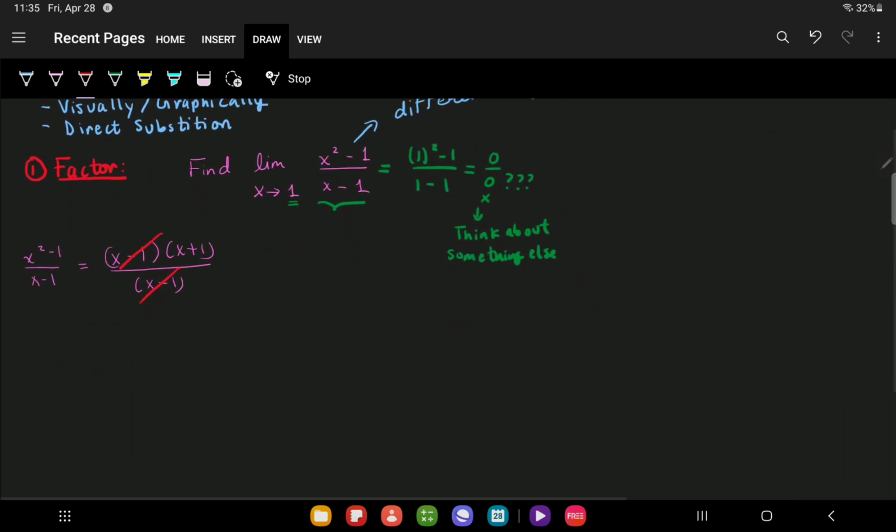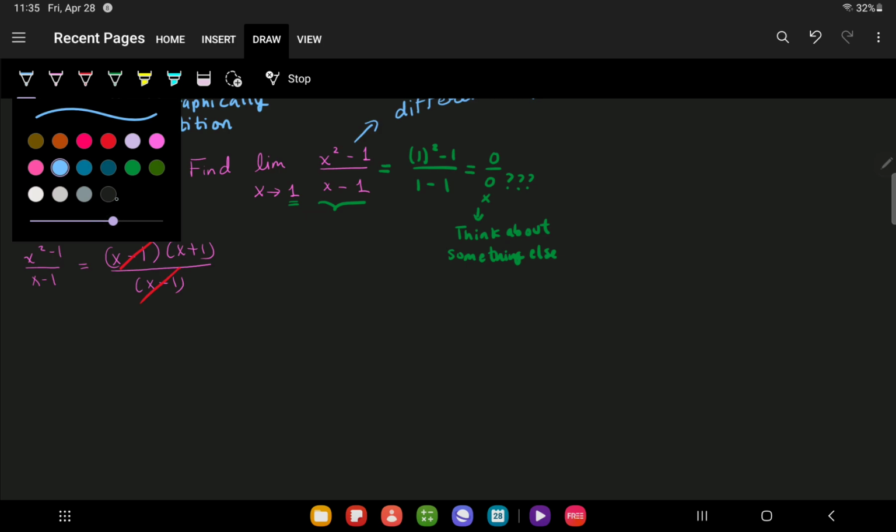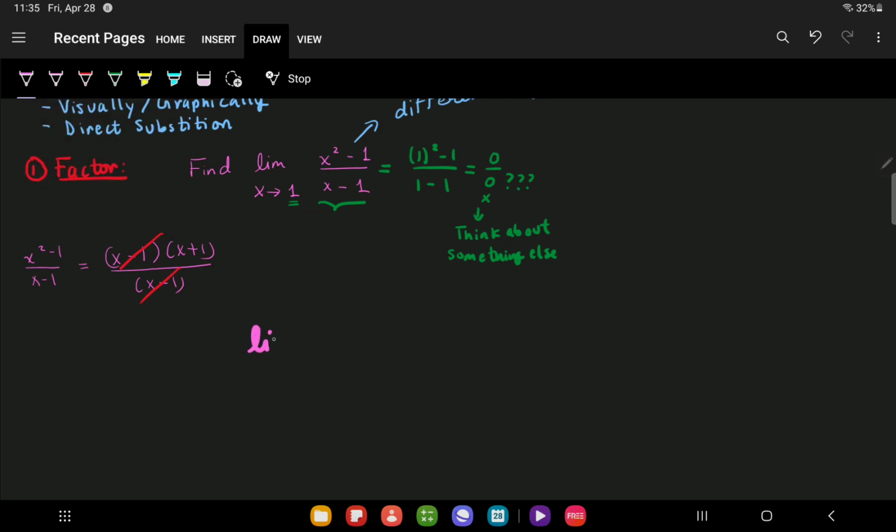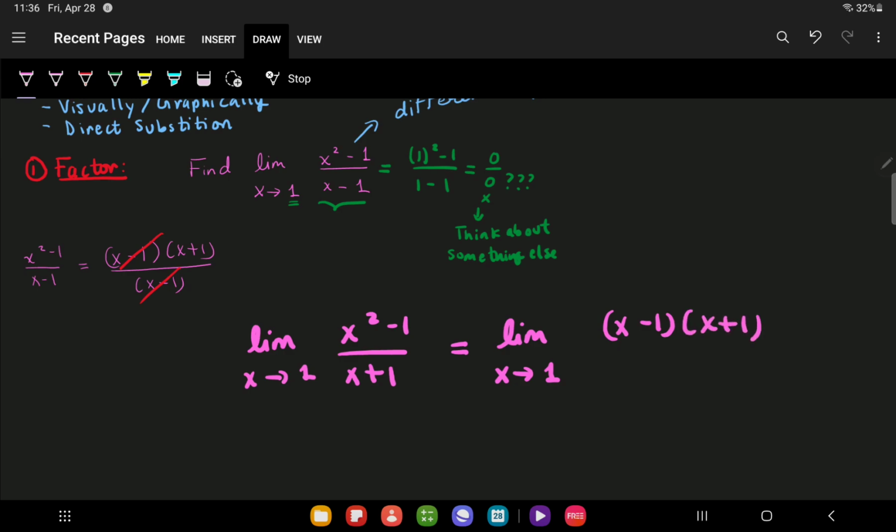So the real way to do this completely, let me start from the beginning, is as follows. Limit as x approaches 1 of x squared minus 1 over x minus 1 is the same thing as doing limit as x approaches 1 of x minus 1 times x plus 1 all over x minus 1.